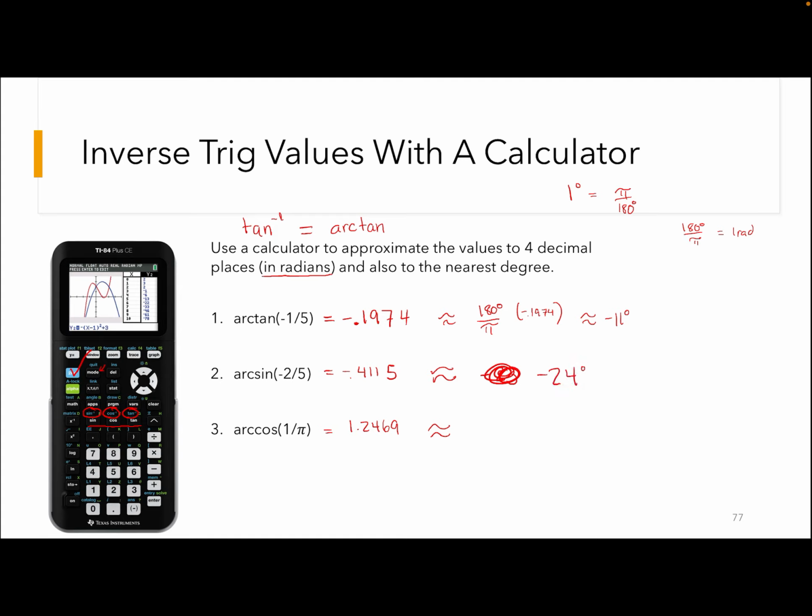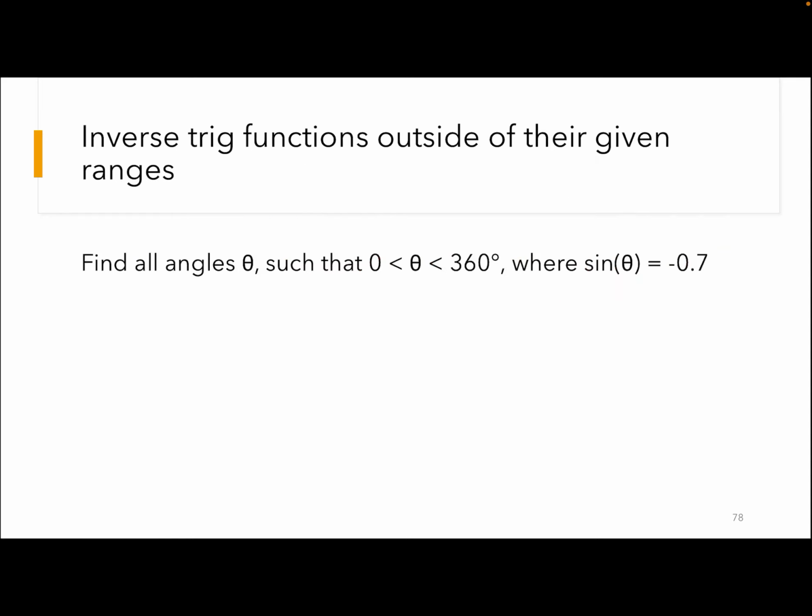And arc cosine of 1 divided by pi is going to give us about 71 degrees. So you can either use the conversion or put the calculator in degree mode and just type it in. However you want to do it is how you do it with the calculator.